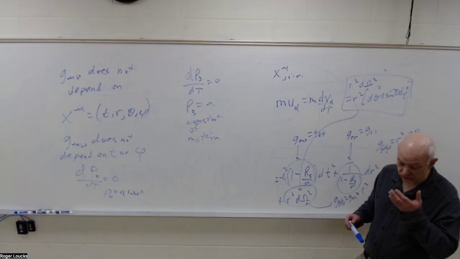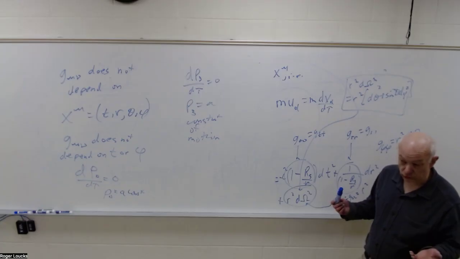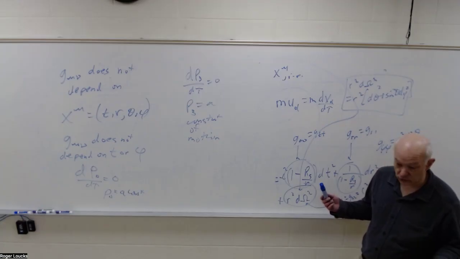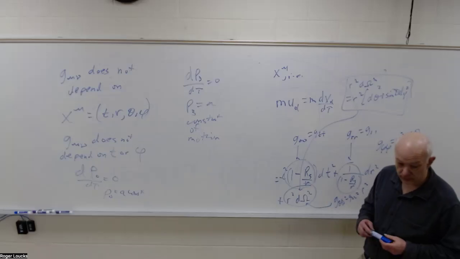So this is going to be one of the standard things you do when you come across a metric in GR. You're going to say, oh, this doesn't depend on some of these variables. Therefore, I have to have a conservation law. This is going to help us immensely.